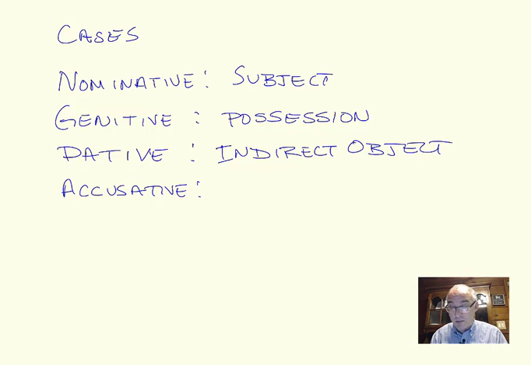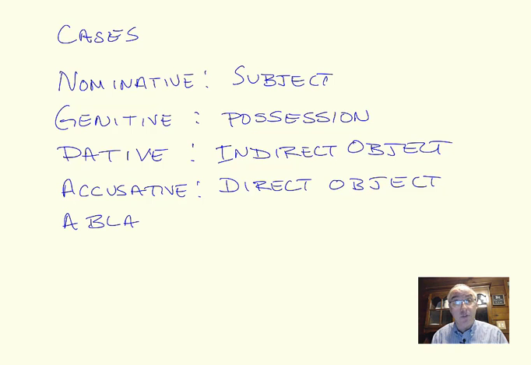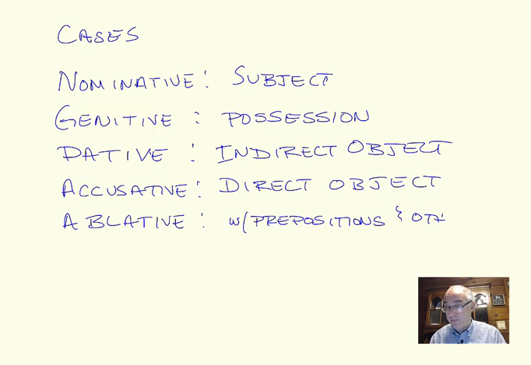That's used for direct objects. And then the ablative case, which is used for a lot of different uses. Mainly, I would say, often 60-40 with prepositions, and other uses.